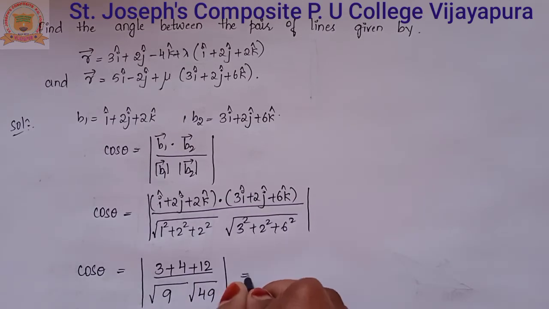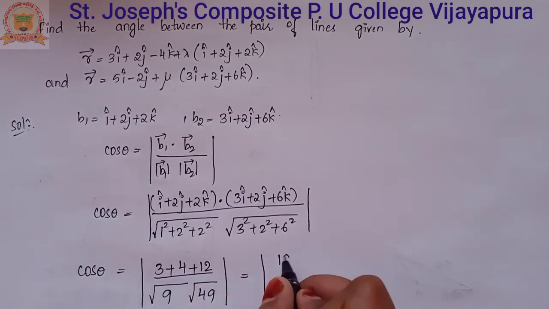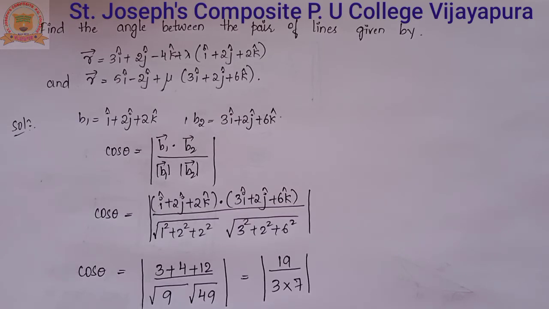So this gives 3 plus 4 plus 12 is 19, whole divided by root of 9, which is 3, into root of 49, which is 7. So cos theta equals 19 by 21.